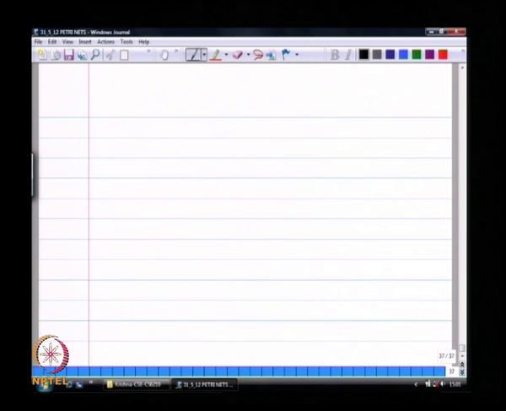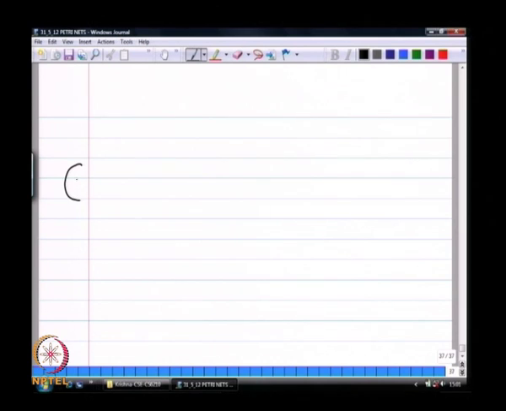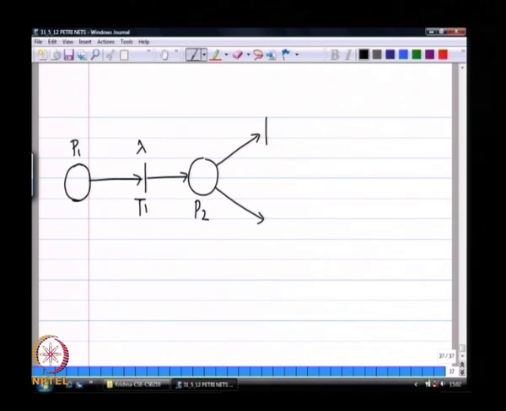Okay. So, now let us look at another similar example. Again, we will look at the notion of conflicts. There is one place P1 which is connected to a transition, then from P2, transitions T2 and T3 are defined by exponential delay parameters mu and gamma.